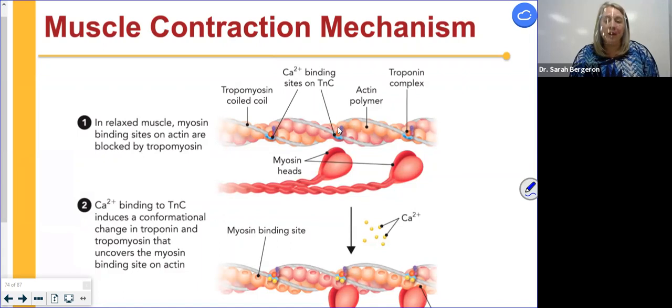So what's covering those myosin binding sites? Tropomyosin. It's blocking those binding sites. And you have every so often complexes here that are troponin complexes. Those troponin complexes are what bind to the calcium. And when that undergoes a conformational change, it shifts the tropomyosin off of those binding sites.